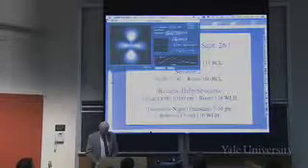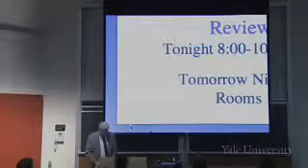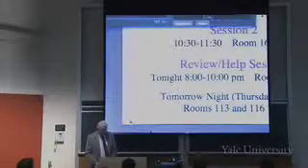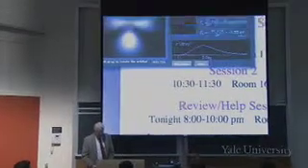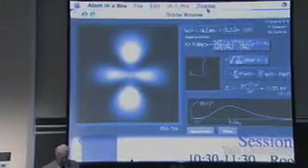Let me just see if I can get it bigger here. Okay, now what I want for the display, this display is just as if electrons were all white, okay?